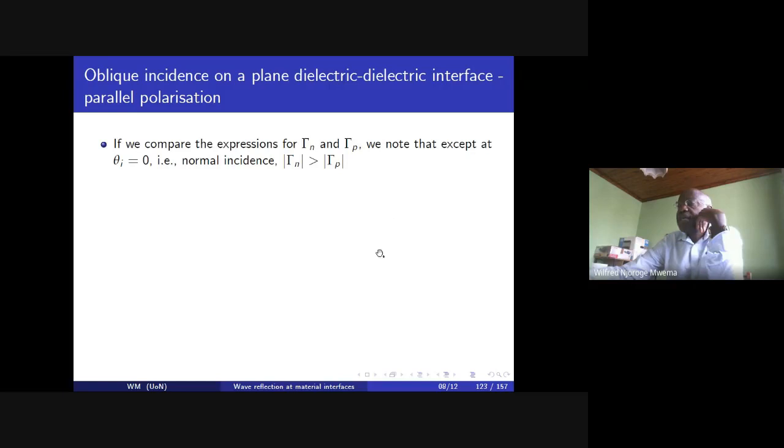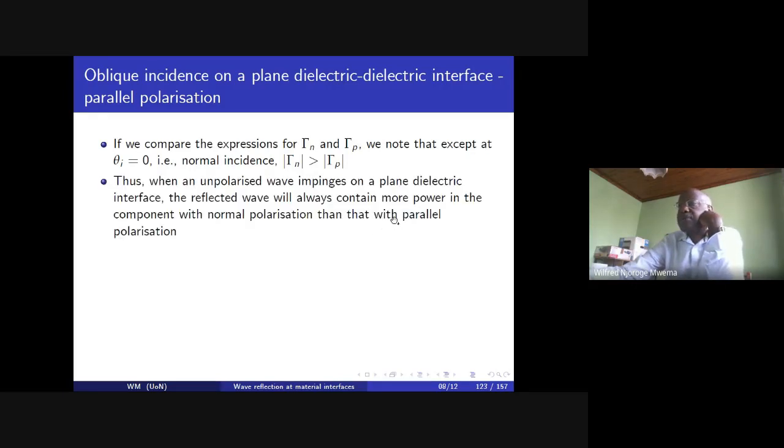This you can see later when you look at the expressions themselves. And therefore, if we have an unpolarized wave that is impinging on a plane dielectric surface, the reflected wave will always contain more power in the component that has normal polarization than that has parallel polarization.